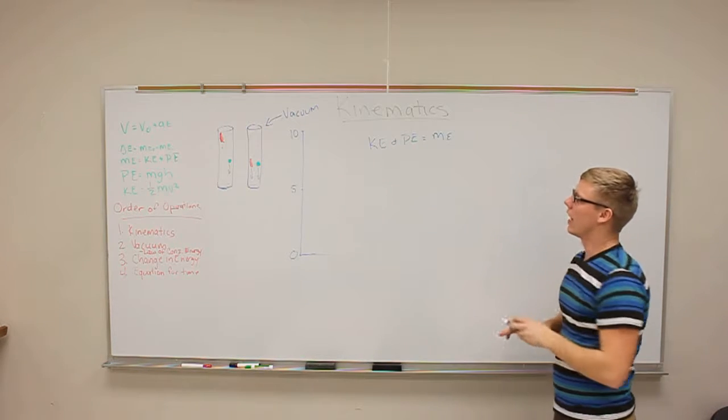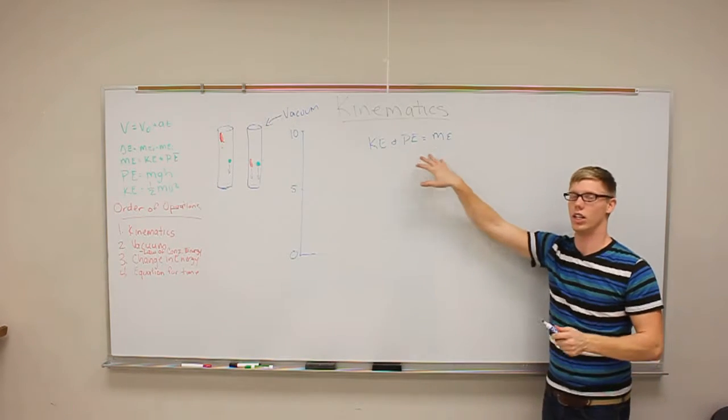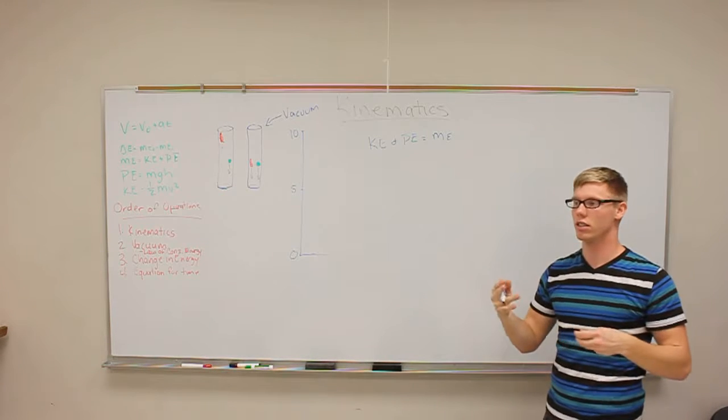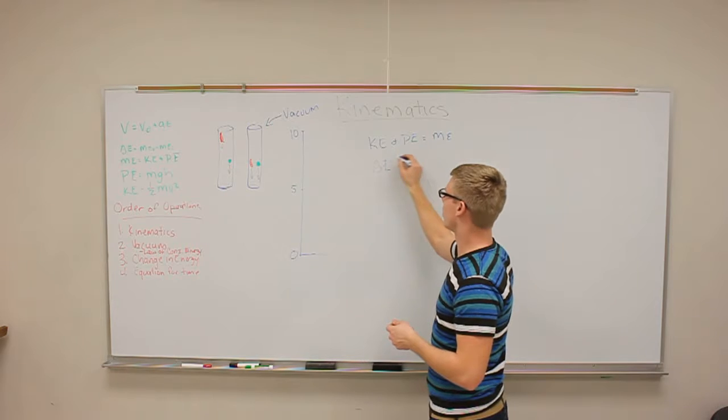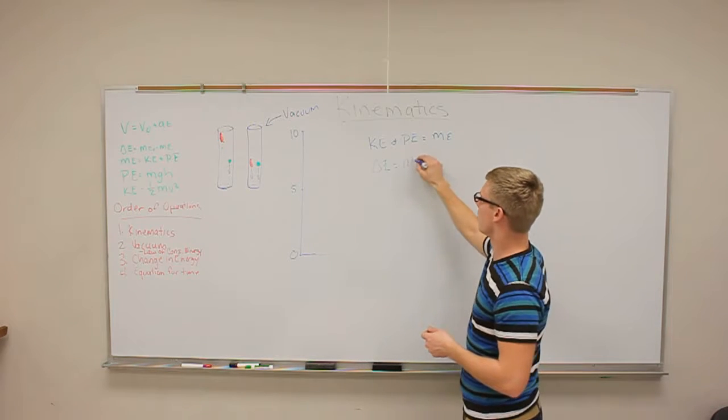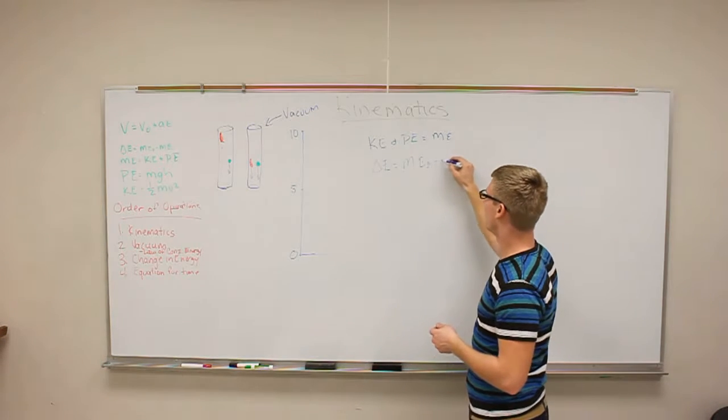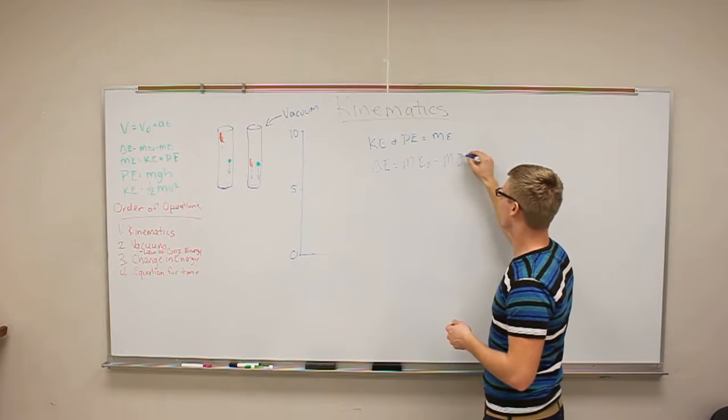So when we're looking at mechanical energy, we usually want to find the change in energy. So delta E, which represents the change in energy, equals the mechanical energy final minus the mechanical energy initial.